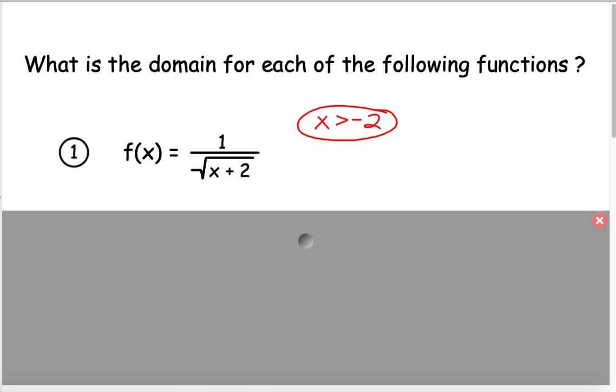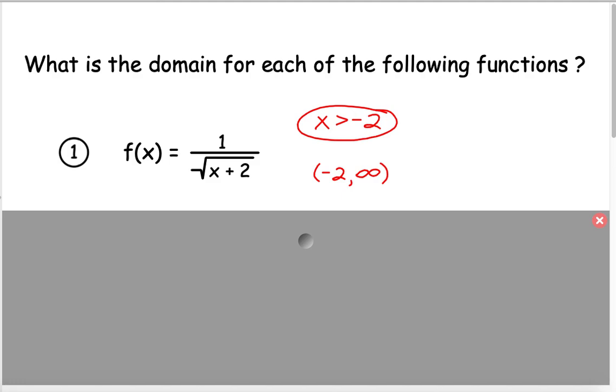And so for interval notation, we're going to write -2, comma, and then we'll go all the way up to infinity, and we're going to use parentheses around both of these. If we want to include the endpoint, we're going to use a bracket, a square bracket. But we don't want to include -2, so we're going to use parentheses. So that means it cannot be -2, but anything bigger.